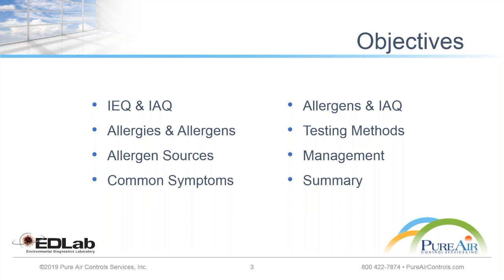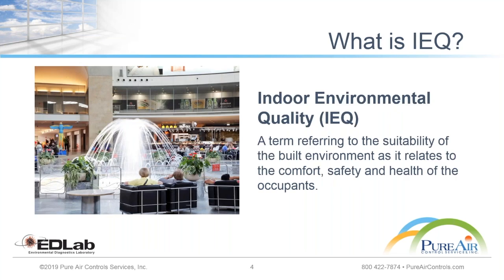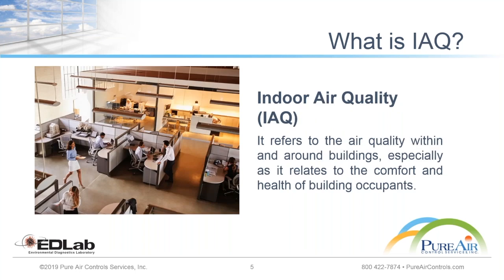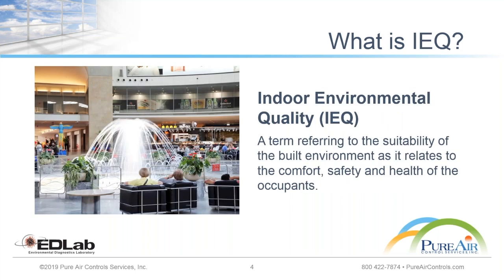Yes, thanks, Doc. So to get started, it's essential that we understand the difference between indoor environmental quality and indoor air quality, right? When we discuss indoor environmental quality, we're looking at the indoor environment as a whole. As you see on this slide, the definition is a term referring to the suitability of the built environment as it relates to the comfort, safety, and health of the occupants in a building.